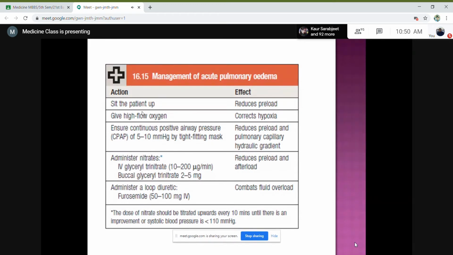So, a summary of the management of acute pulmonary edema. You ask the patient to sit up and give high oxygen flow through the mask. Nitrates are generally given to reduce the preload and the afterload.